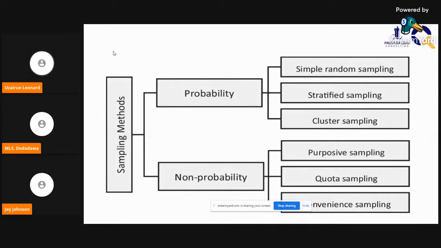The first is the probability sampling method. When we talk about probability, from the little mathematics we know, we are talking about the chance of something occurring or not occurring.